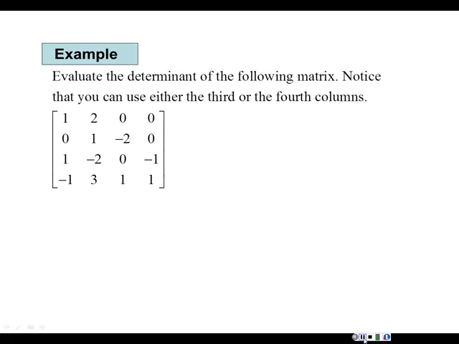Here the order is 4, so we are trying to find the 4th order determinant, and all we did was take one element from column 1, ignore that element's column and row, and then take the rest.